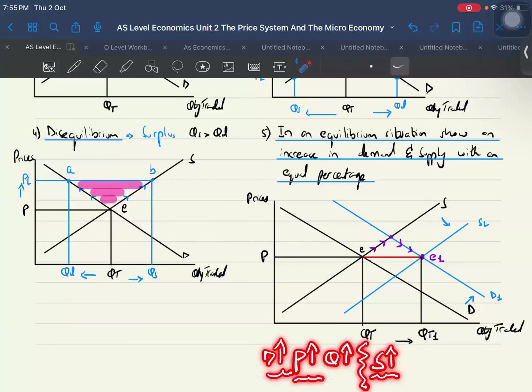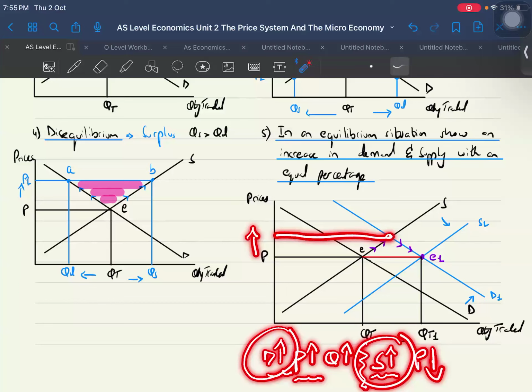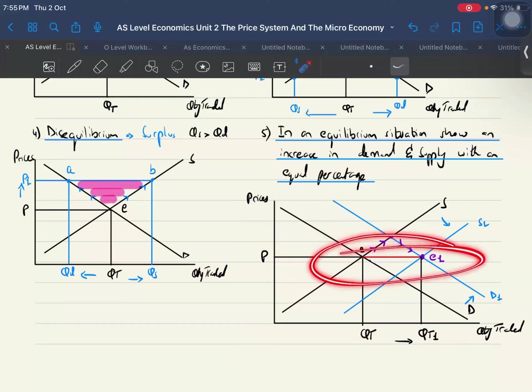So the increase of price due to a rise of demand is there. We can see here the price eventually increased in the first place. But now, as the supply increases, the price is going to fall. We need to consider the fact that both supply and demand are increasing at the same percentage. So the percentage change of price will also be the same, keeping the price effect nullified. You can see the price effect is nullified.